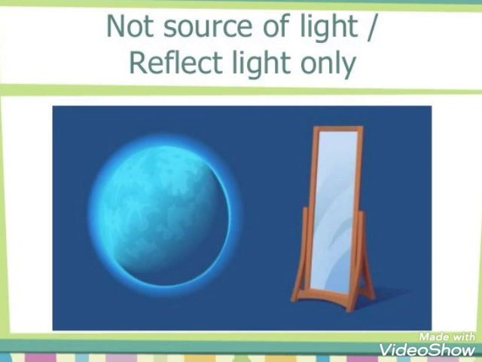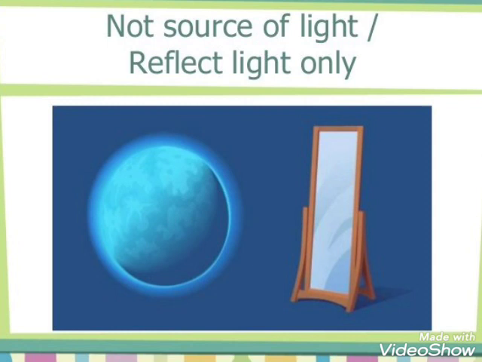Then we have some objects which are not the sources of light, but they only reflect the natural light that falls on them. So we have different types of objects. Some objects have their own light and some objects do not have their own light, but they reflect the light that falls on them.